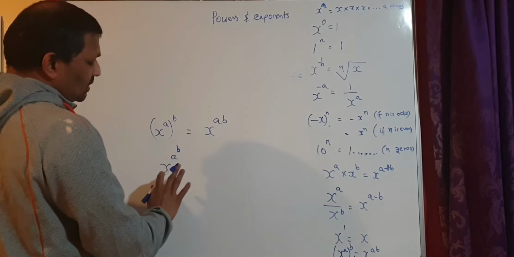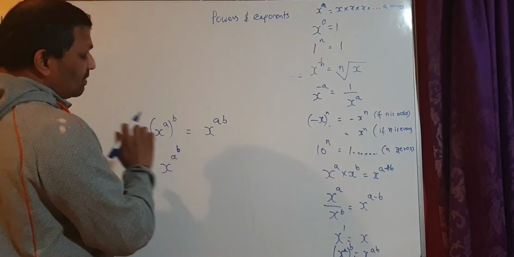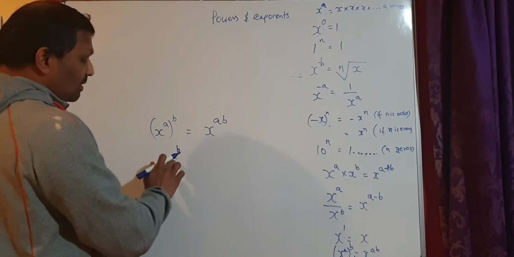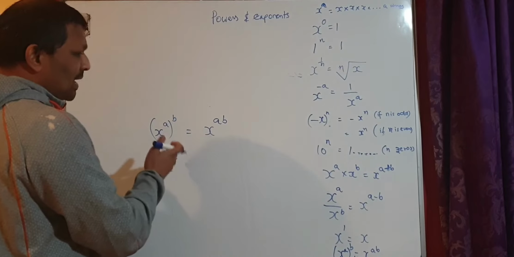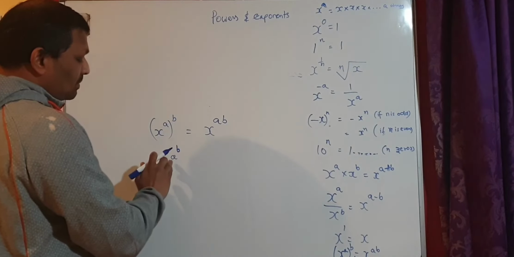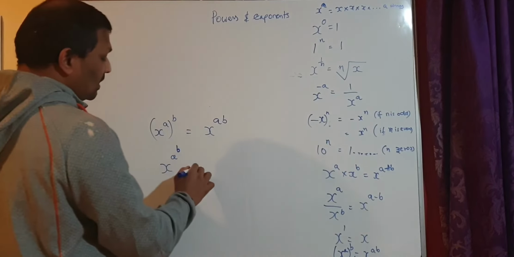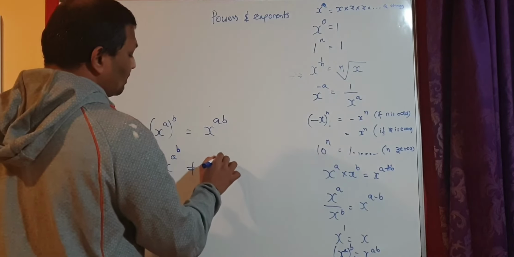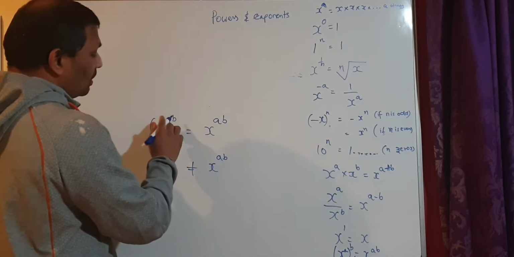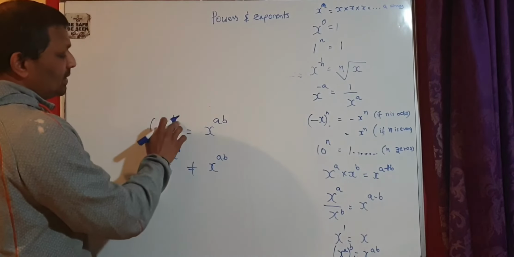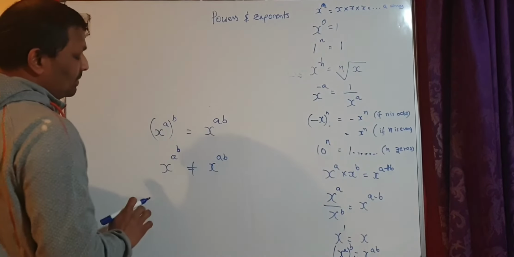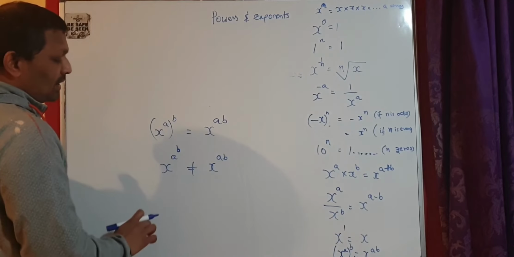So in such a case, what you have to do is evaluate a to the power of b first, and then use that number as a power for x. Okay, so there is a difference. It is not equal to x to the power of ab. x to the power of a, whole, because I put a bracket here, whole to the power of b is x to the power of ab, but in this case I did not put any bracket.